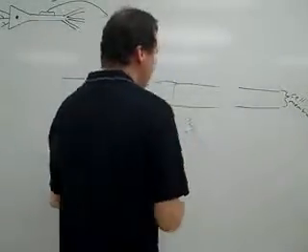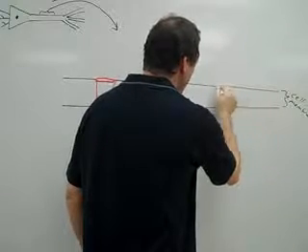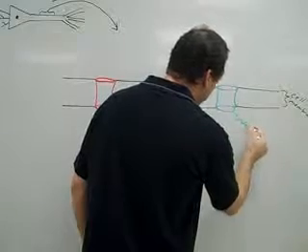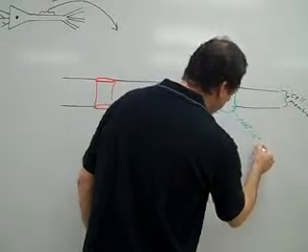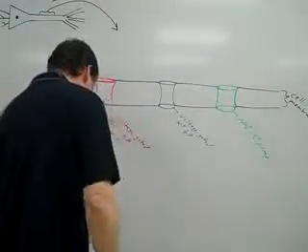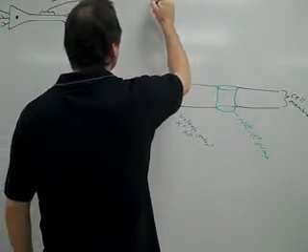Now the last transport protein is going to be a sodium-potassium pump. Now let's get oriented here. This is going to be the outside of the neuron.